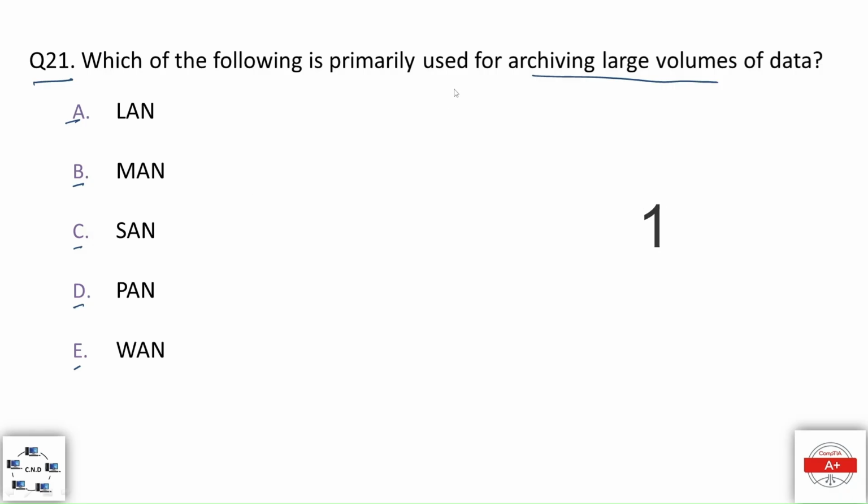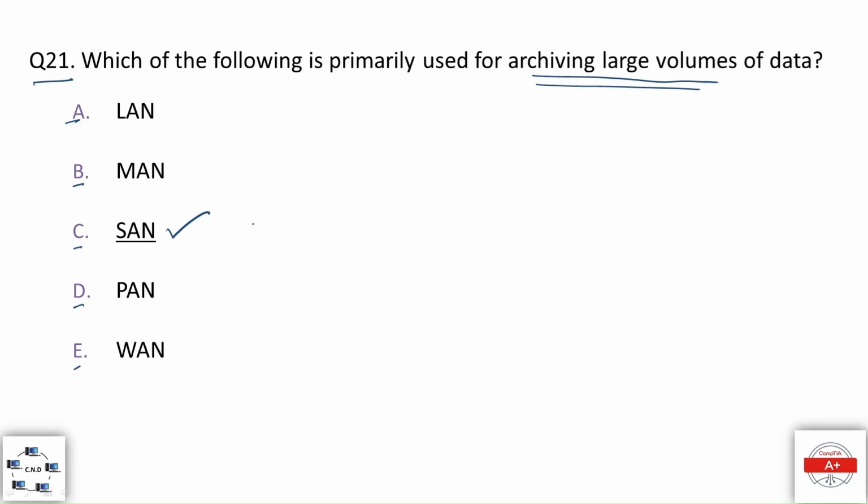we are talking about storing or archiving large volumes of data, and for this we can use a storage area network. All the others are basically network types, while the SAN is specifically used for storing large collections of data.